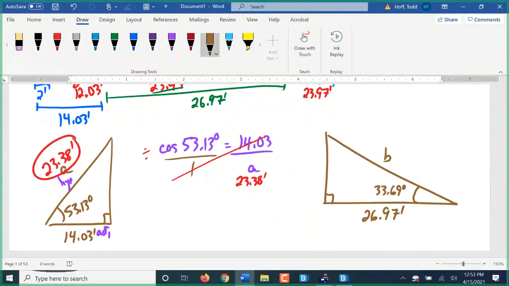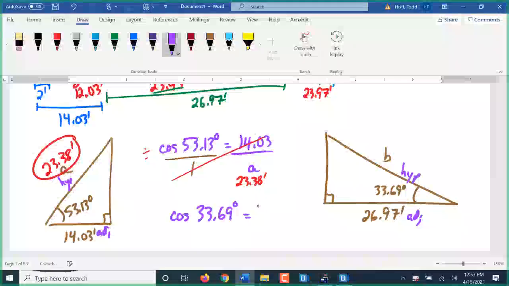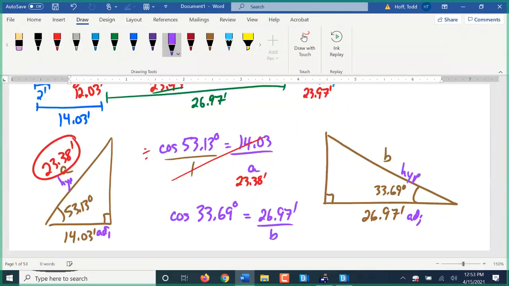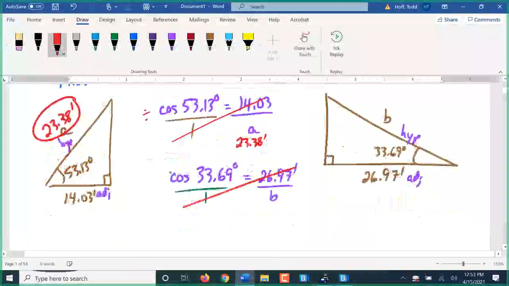To find B, again, I have the adjacent side and the hypotenuse. So I am dealing with a cosine. Cosine of 33.69 degrees equals that adjacent side of 26.97 feet over the hypotenuse of B. Once again, we're looking for a missing side, so we'll make it a proportion by putting the trig function over 1, and we'll cross multiply and divide.